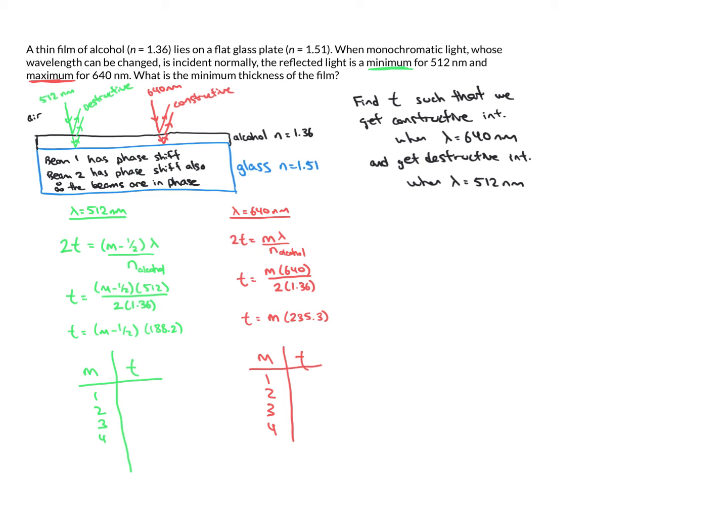All right, so let's start with the green. If m is 1, I'll have half times 188.2. So that would be 94.1. If m equals 2, it'll be 1.5 times 188.2. That'll be 282.3.